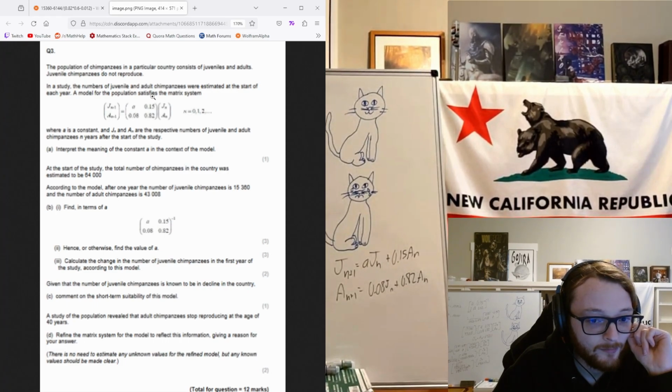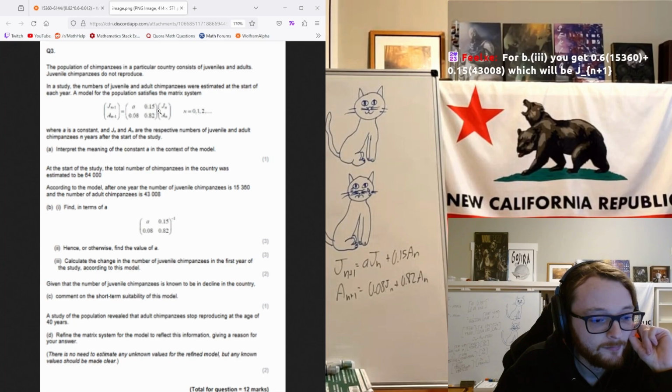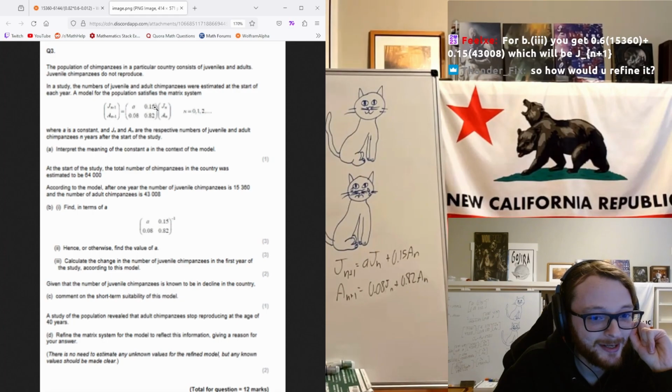But I think you just need the 0.15 to be B or some other arbitrary constant because they say don't estimate unknown values. So I think my refinement is just to change the 0.15 into a B, for the reasons that I stated. Wrong? What do you do? Try again. Okay.